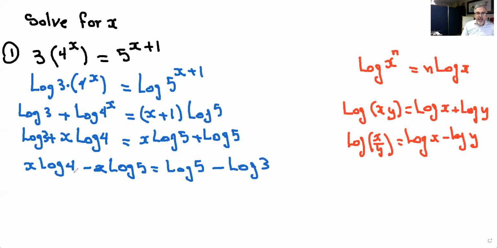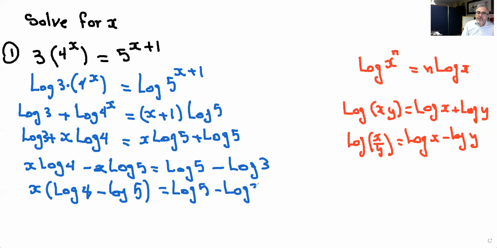Now here I take out x as the greatest common factor, and I get x times the bracket log 4 minus log 5 equals log 5 minus log 3. Divide both sides by log 4 minus log 5.